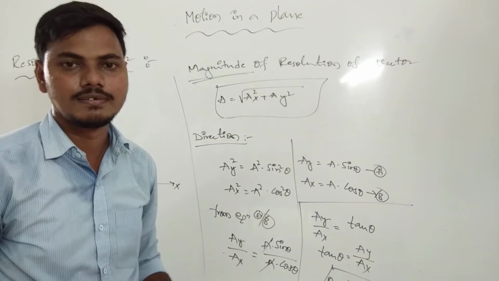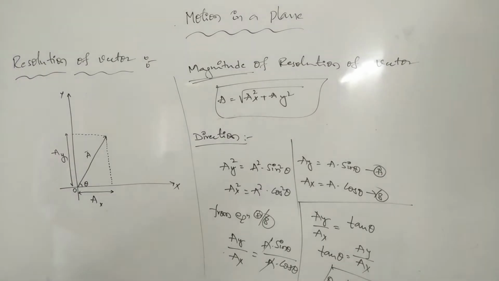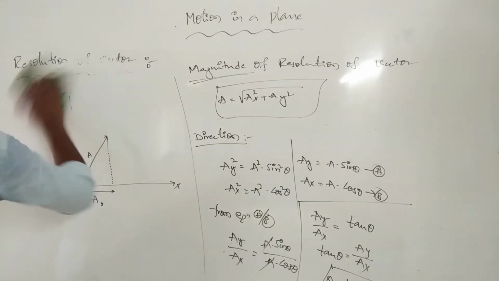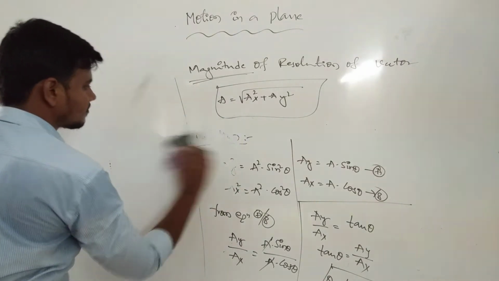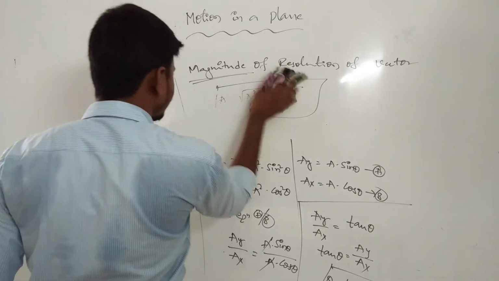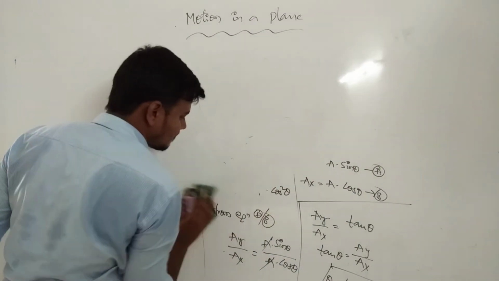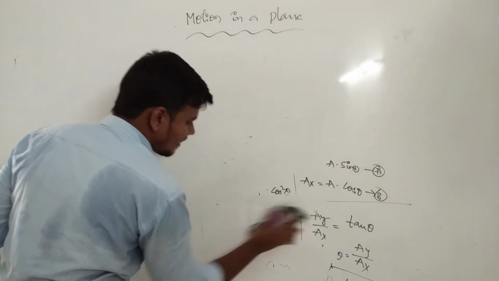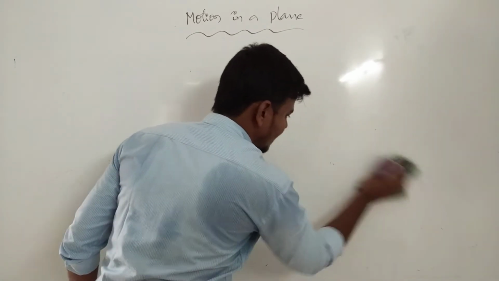Today we are discussing another topic, vector addition, analytical method. Previously I introduced vector addition. Vector addition means the resultant R is equal to A bar plus B bar.